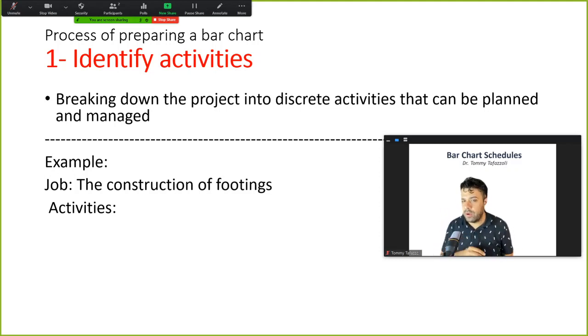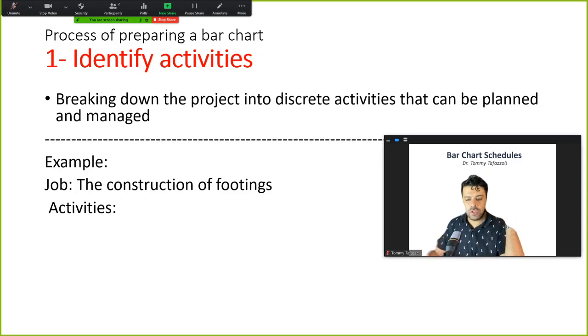If you remember from previous classes, I explained that we first break the project into a work breakdown structure, which is big chunks of work, and then you break the work breakdown structure items into smaller work items, and then you can call them activities.